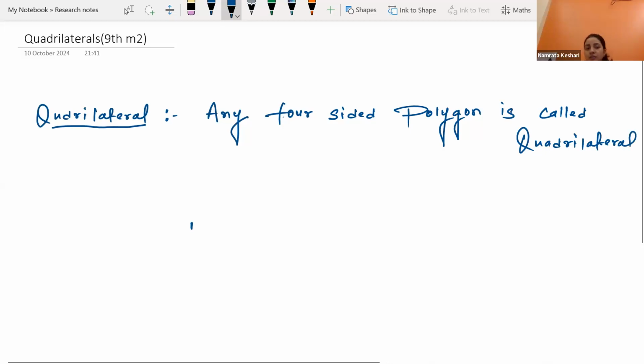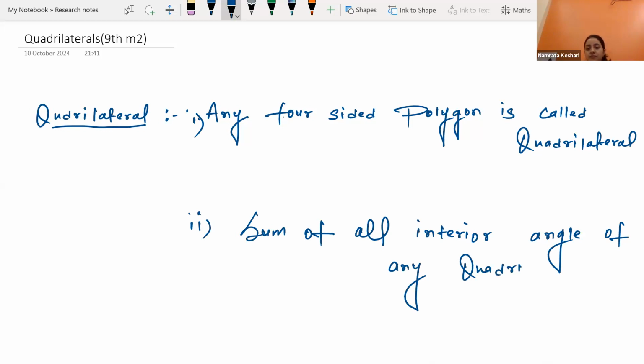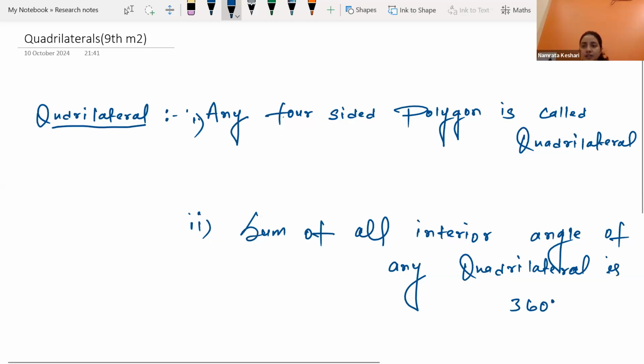And the important one is this: the sum of all interior angles of any quadrilateral is 360 degrees.